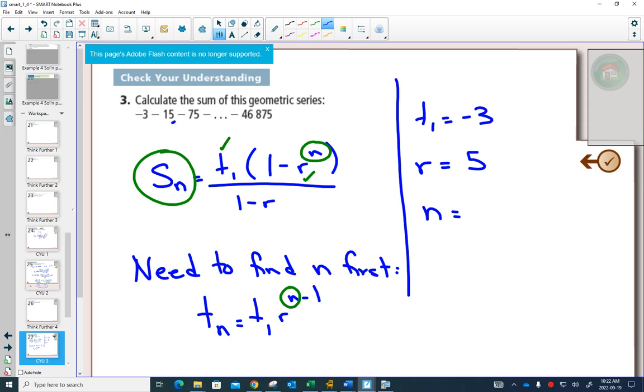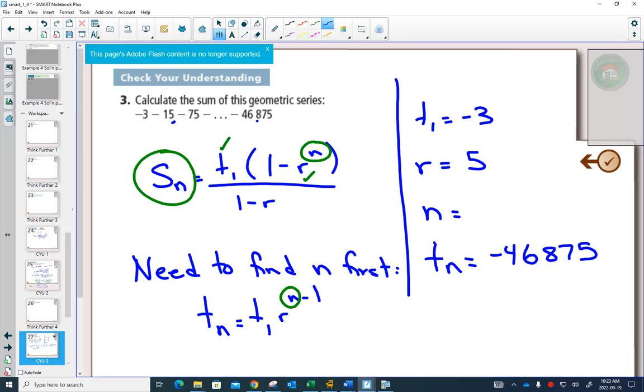Does it make sense that term n is our last term, which is negative 46,875? Because if there are 15 terms, then this would be term 15. If there are 20 terms, this is term 20. We don't know how many terms, but we know that our last term is 46,875.